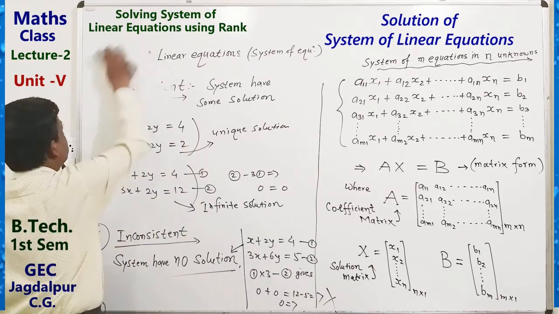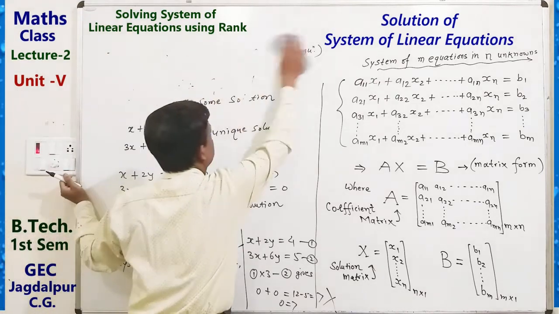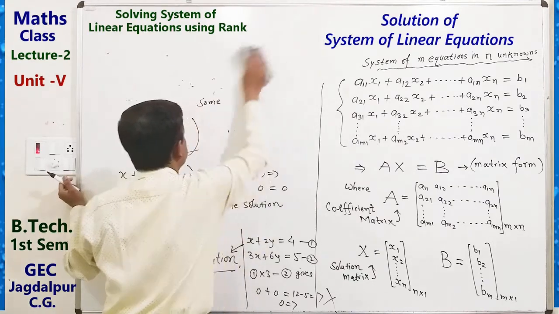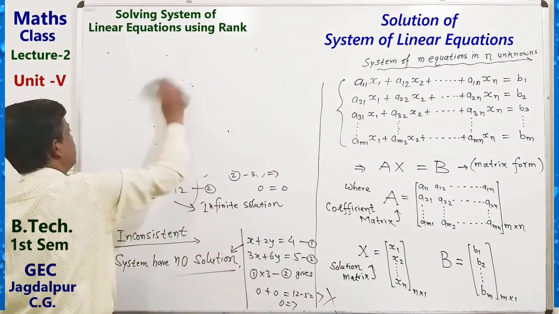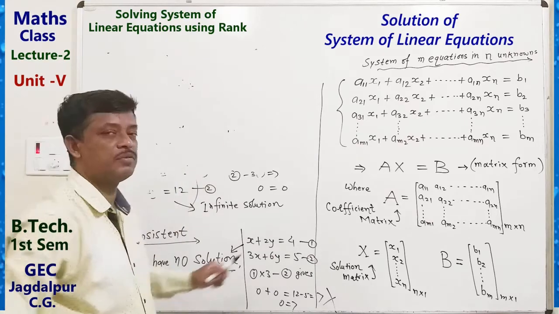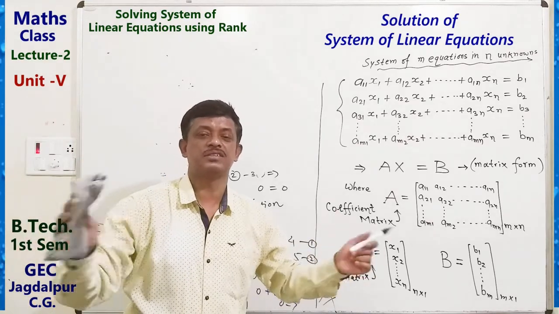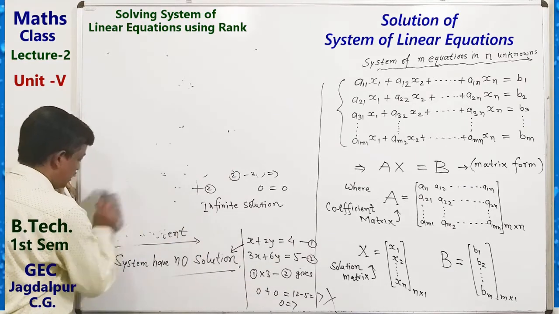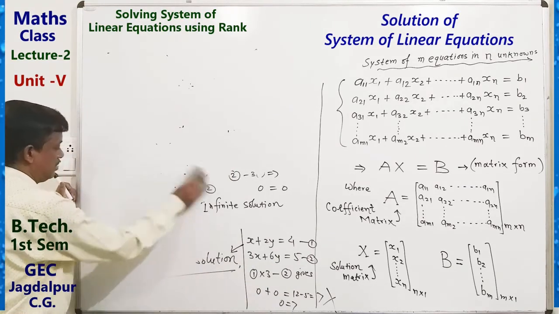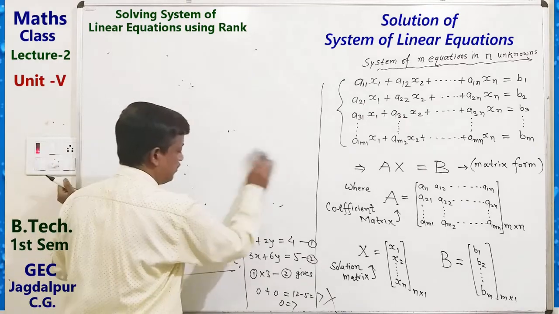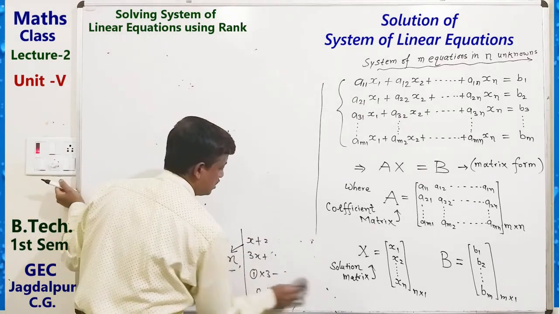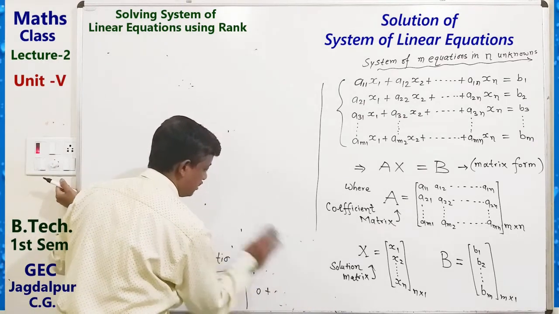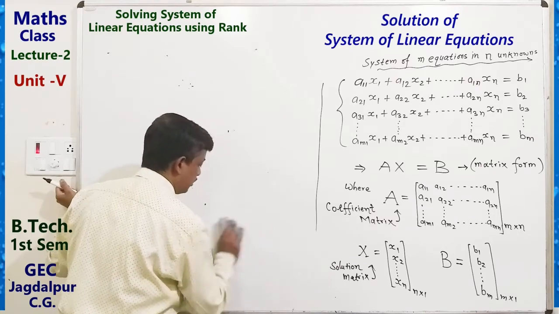Okay, now we will discuss the rank method for solving any type of system of equations. The number of equations and number of unknowns may be different. Different numbers of unknowns and equations can be solved by the rank method.